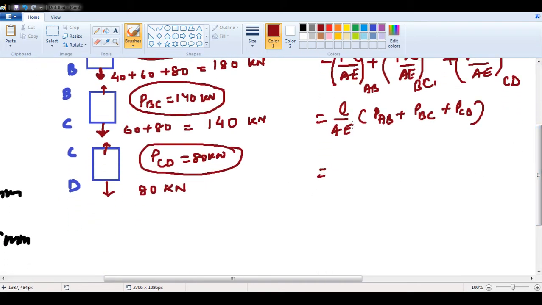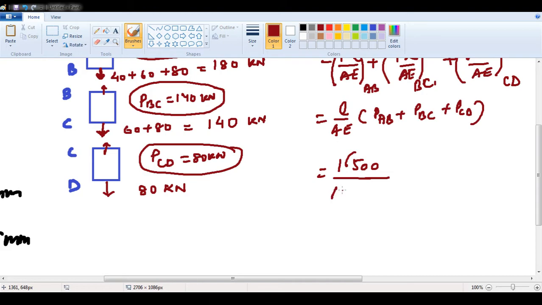So the length will be 1.5 meter. I can keep it in terms of mm only, that's not a big deal. So 1.5 meter in mm will be 1500.